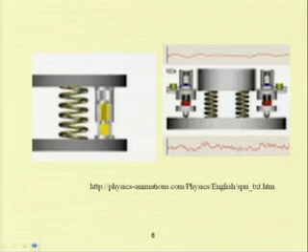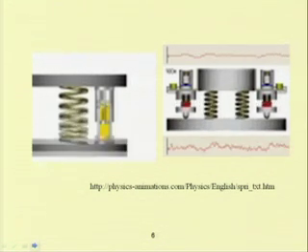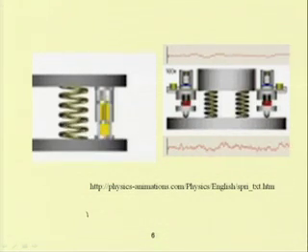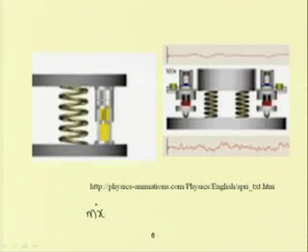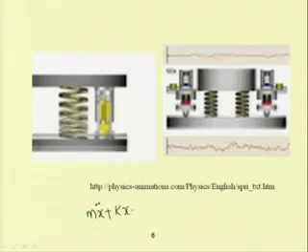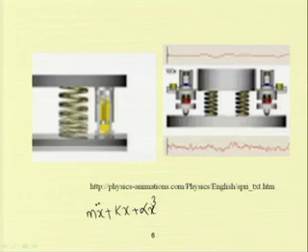In the simplest form, the equation of motion is the Duffing equation, which can be written as m x double dot plus k x plus alpha x cubed, with the cubic nonlinear term.